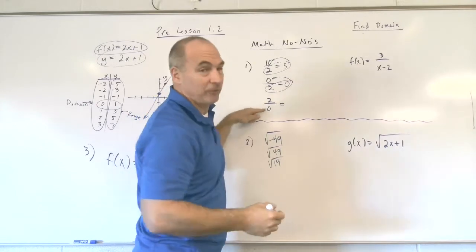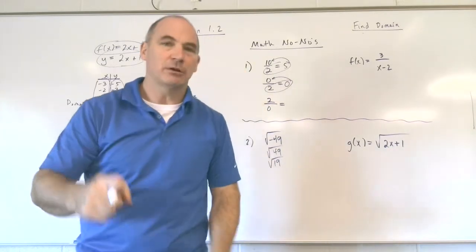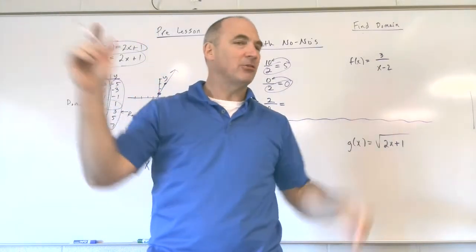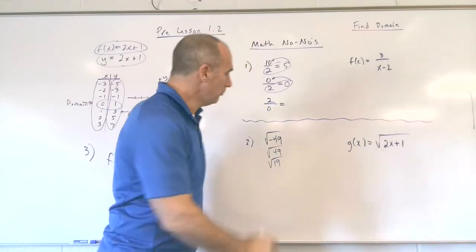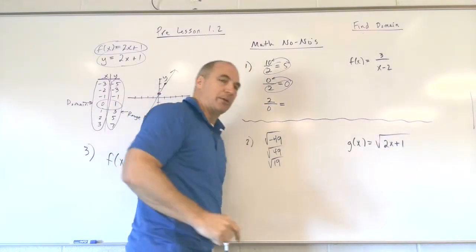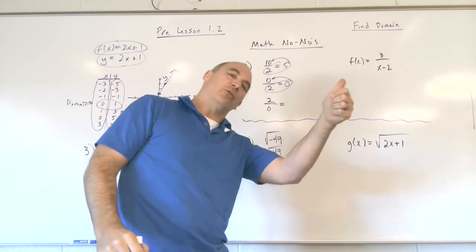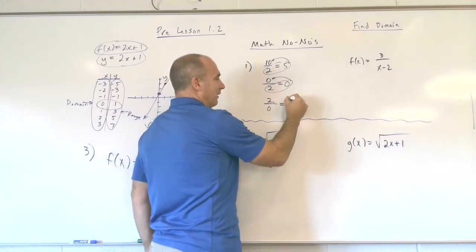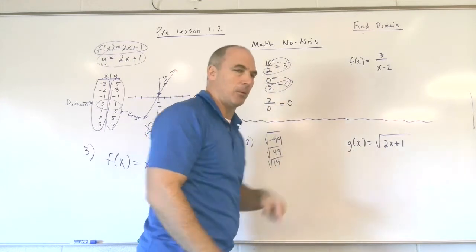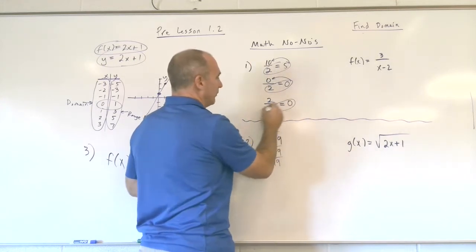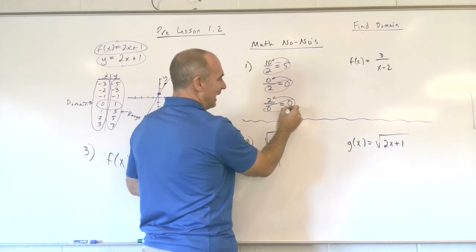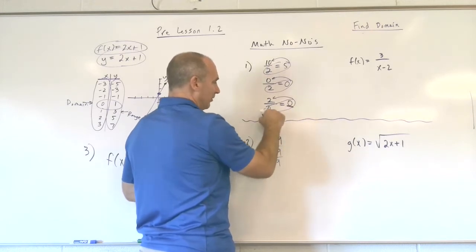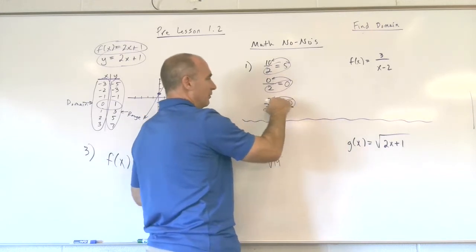2 divided by 0. If I turned this into a contest where the first one to answer correctly gets a prize, I bet a few people would say 0. What's 2 divided by 0? How many times can you fit 0 into something? Well, this is mathematically impossible, but let's say somebody said it's 0. That would mean 0 times 0 is 2. Is there any number I could put here such that 0 times that number would give me a 2?